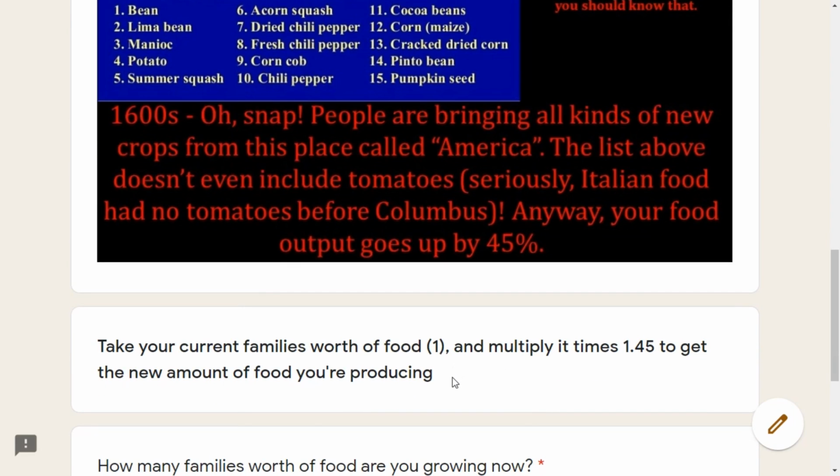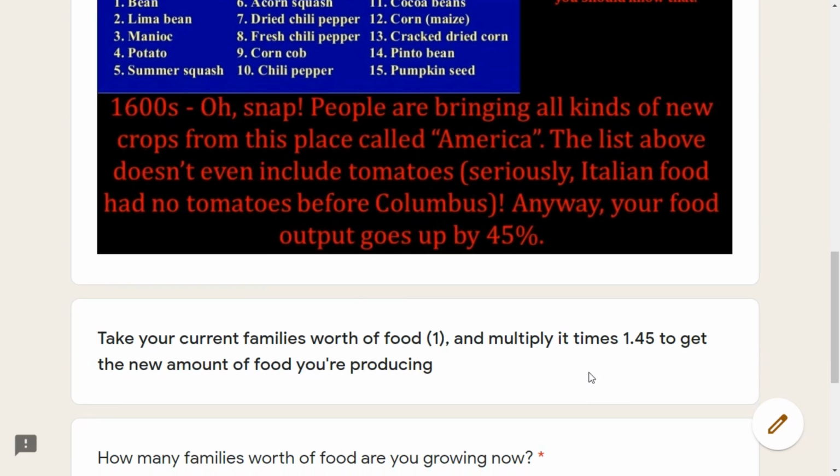Here are the instructions. Take your current family's worth of food. Right now we're at 1 and multiply it times 1.45. We got that by putting a 1, then a decimal point, and then the percent. That is one way that you can mathematically increase something by 45% is just by multiplying it by 1.45 to get the new amount of food you're producing.